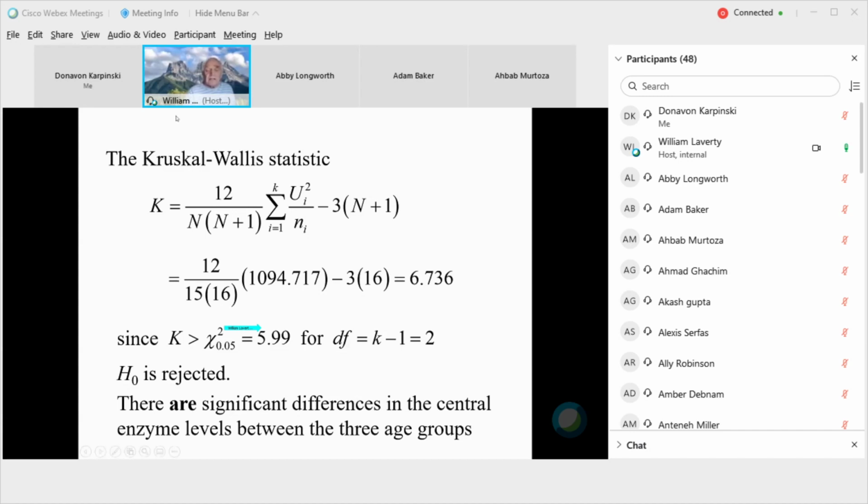Looking up the critical value from the chi-square distribution with 2 degrees of freedom, it's 5.99. Anything greater than 5.99, you should reject H naught.